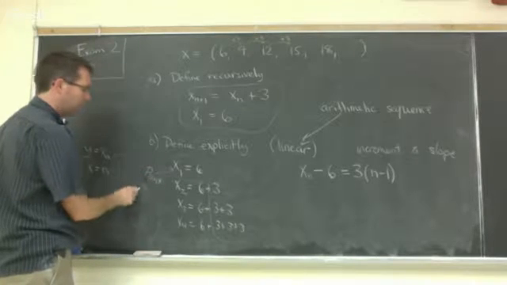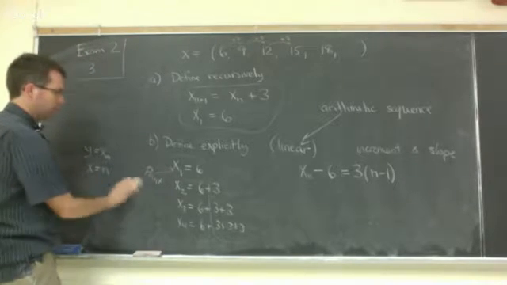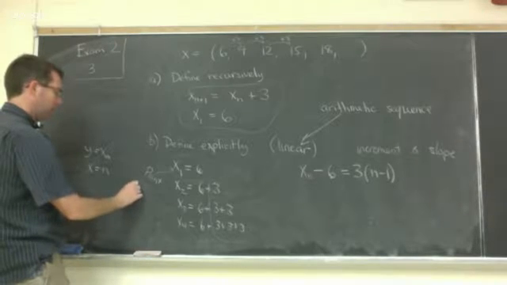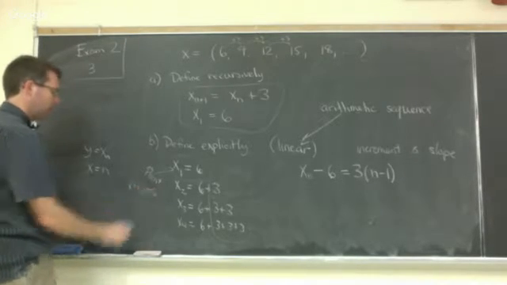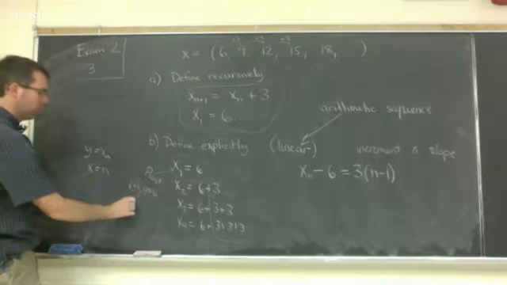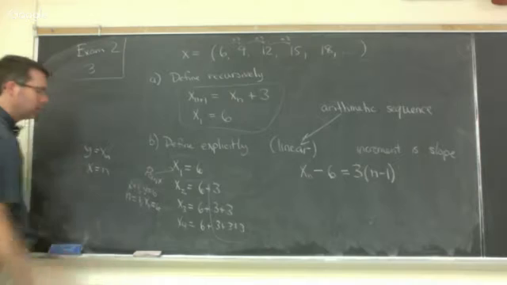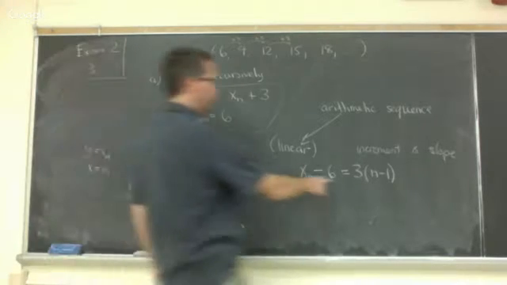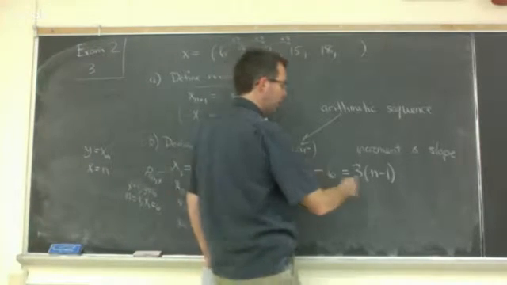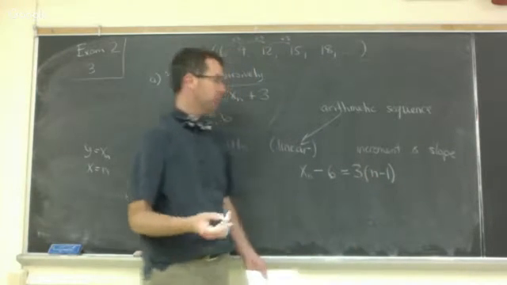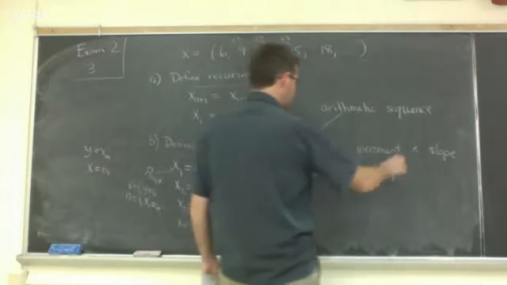That's like x equals 1, y equals 6, except that it's n equals 1 and xn equals 6. So it's y minus the y value equals the slope times x minus the x value. It's always the same thing, and I'm going to add 6 to the other side.